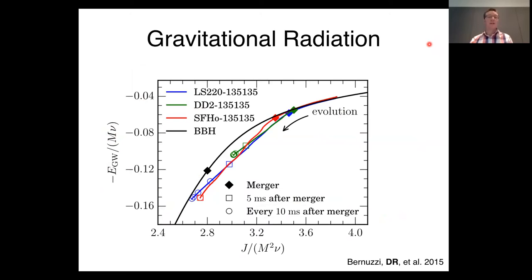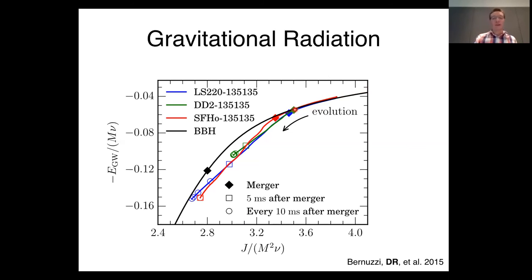So this is a marginally bound system at infinite separation. As the binary evolves, the two neutron stars approach each other, you emit gravitational waves. This energy is lost and goes into binding energy that becomes more and more negative, and you follow a curve like this. At a certain point, the two neutron stars merge, and these are these diamonds.